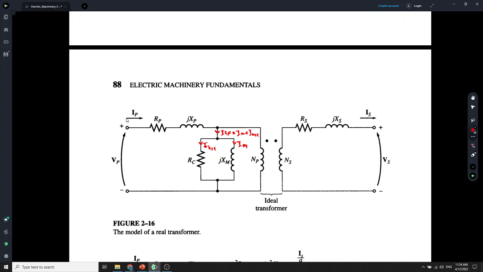Then it will be meaningful so that we can do an analysis. This is just an equivalent circuit, like background only. We cannot calculate or analyze with this kind of circuit. So we need to make some assumptions and also transfer to one side, either primary or secondary. Then we can do analysis.